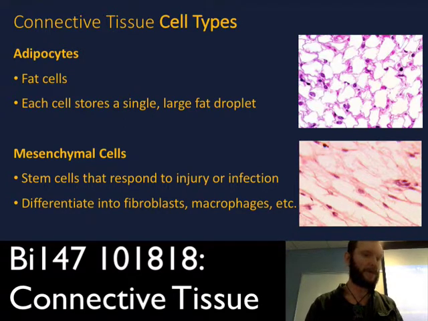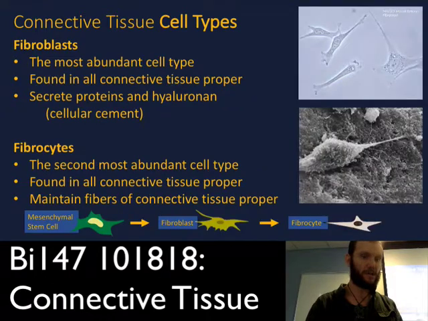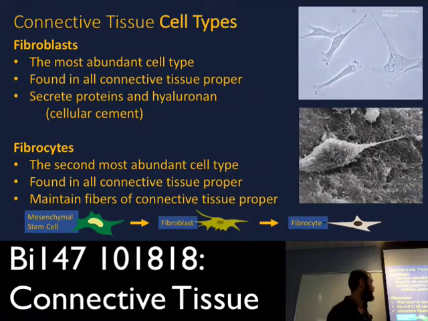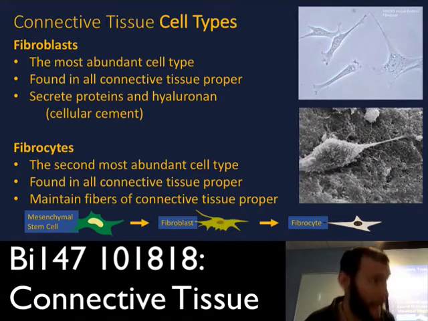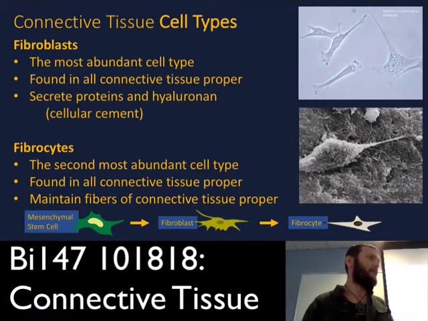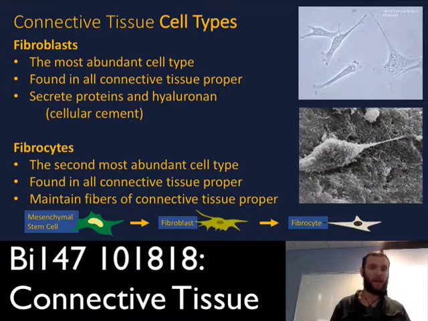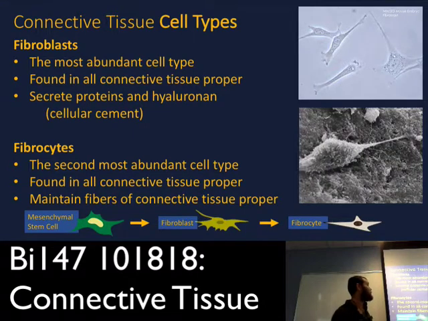Adipocytes are fat cells, mesenchymal cells are stem cells. And then fibroblasts. A lot of your body is made up of fibroblasts. They are the most abundant. All connective tissue proper, whether it's dense, regular, loose, areolar, whatever, is going to have some kind of fibroblast.